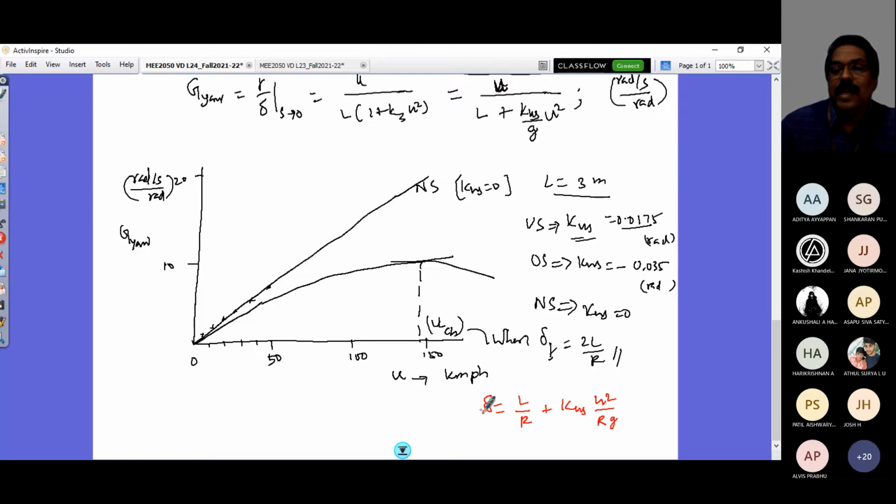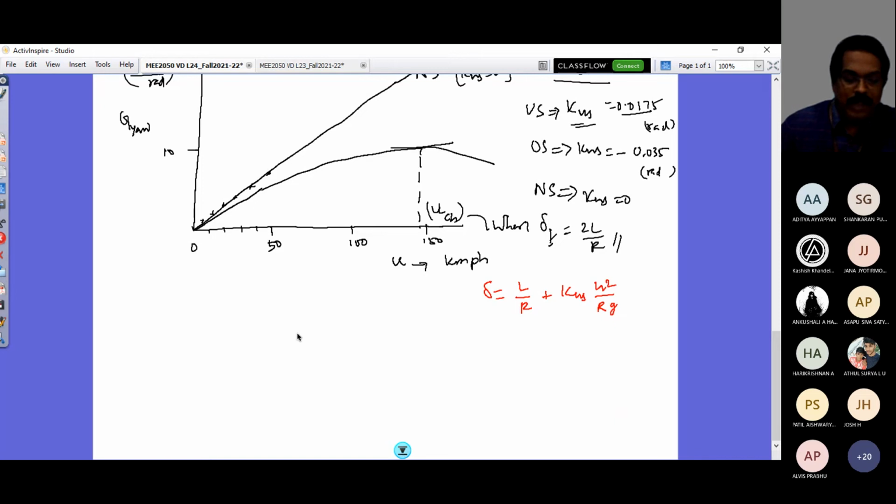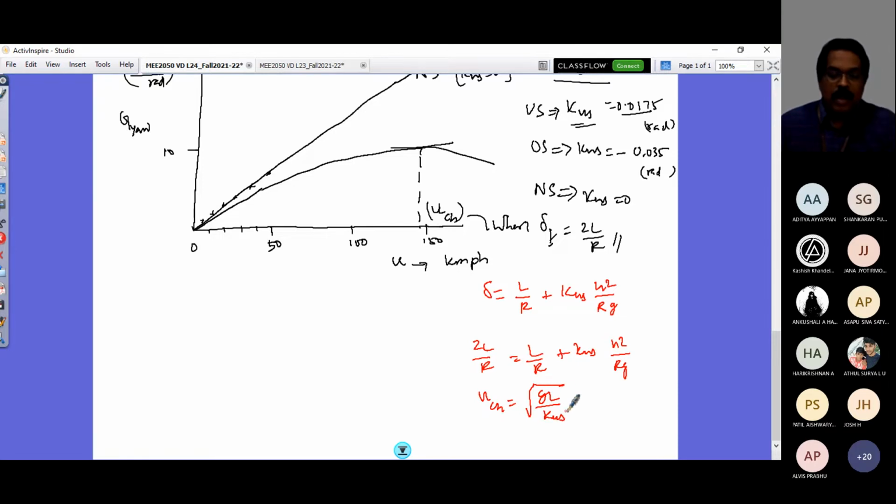In this, if delta is 2L by R, I would have what is called the characteristic velocity. So if I take delta f as 2L by R, that's equal to L by R plus KUS into U squared by RG. So I would have my U characteristic speed given by the square root of GL by KUS. GL by KUS can also be written in terms of K3 as 1 by K3.